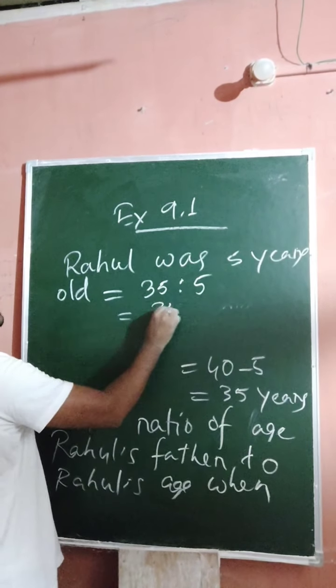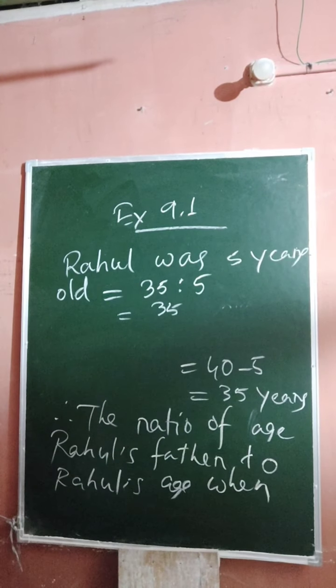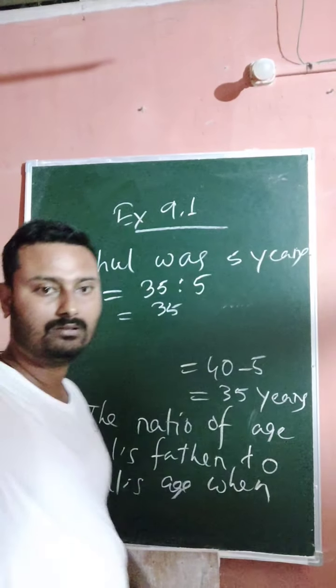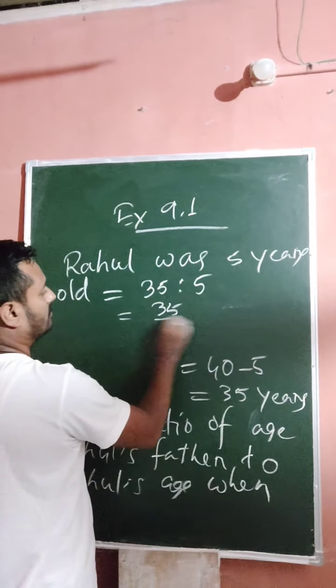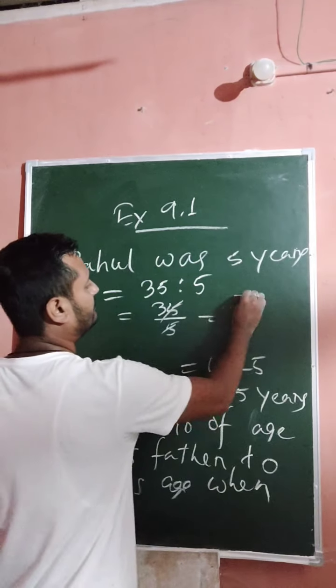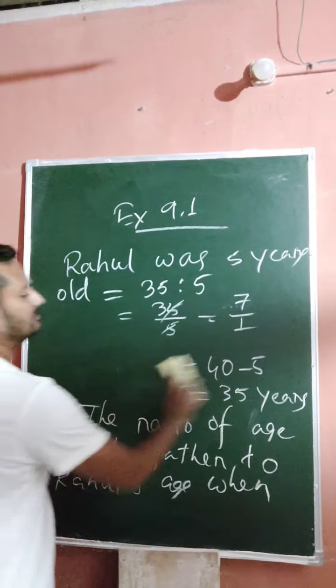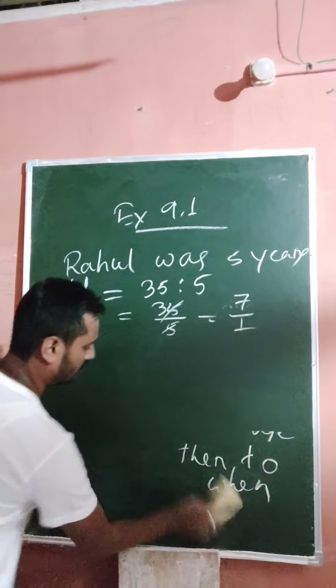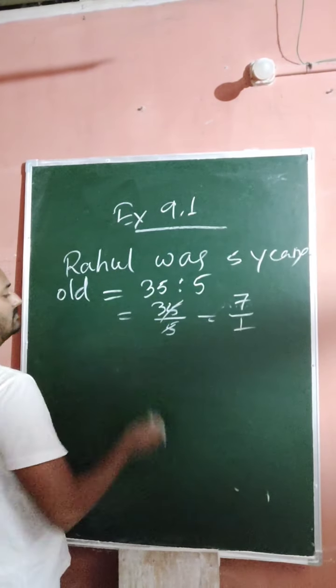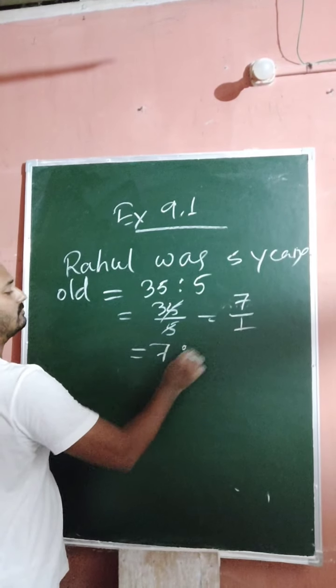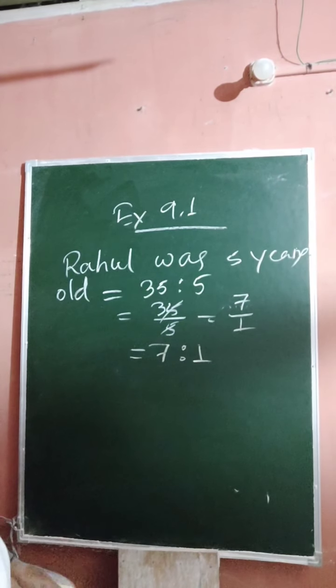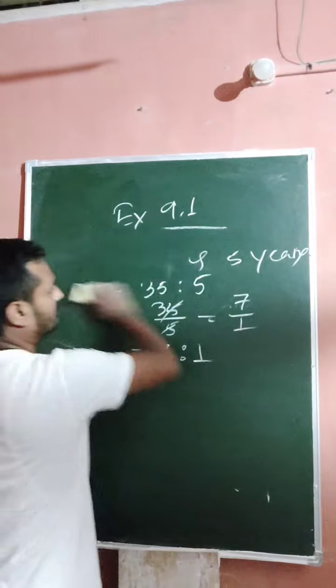That means 35 by 5. When divided by 5, it is 7 by 1. That means 7:1. Okay, so now come to the last part.